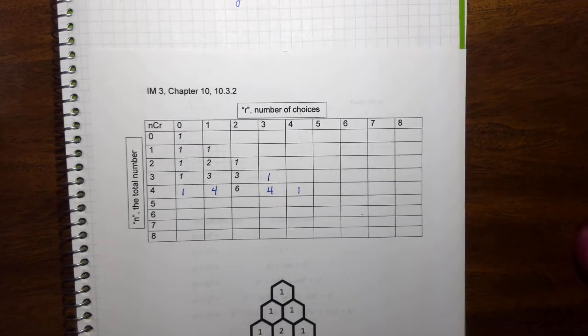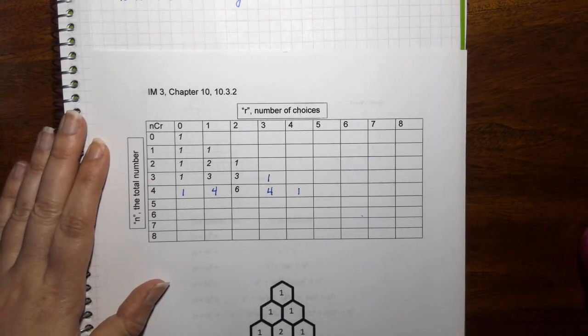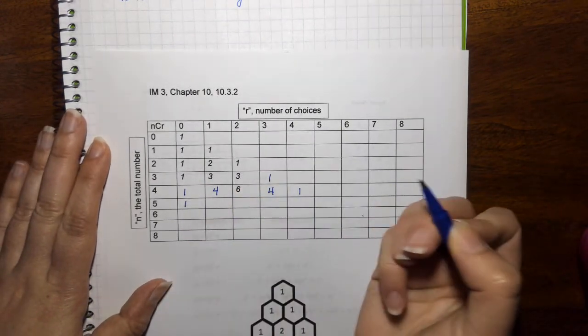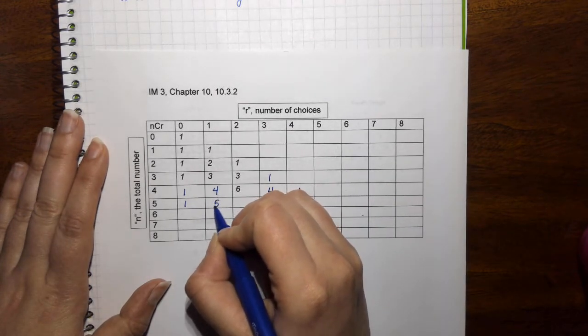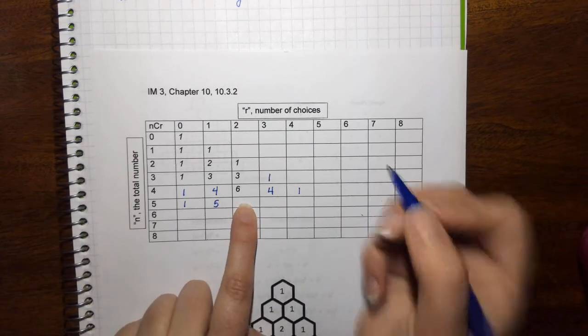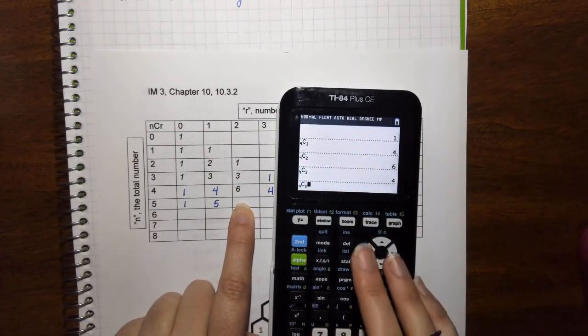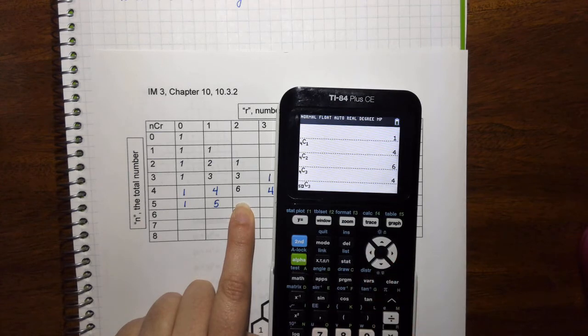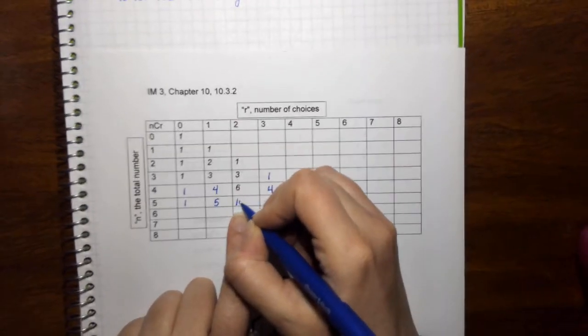Okay, so let's see if we can not use the calculator to go a little faster and see if we can fill these in. So I know this first one's going to be 1. I know this second one is going to be 5. This one I'm not sure, so I'm going to do 5C2. 10. Interesting.